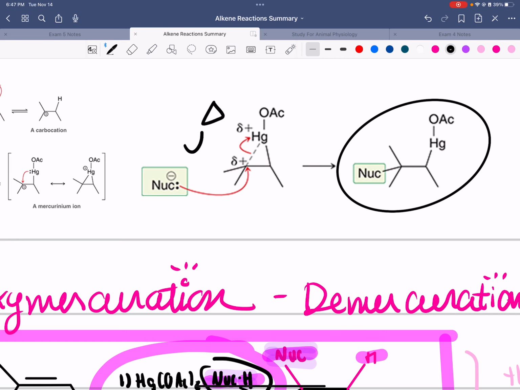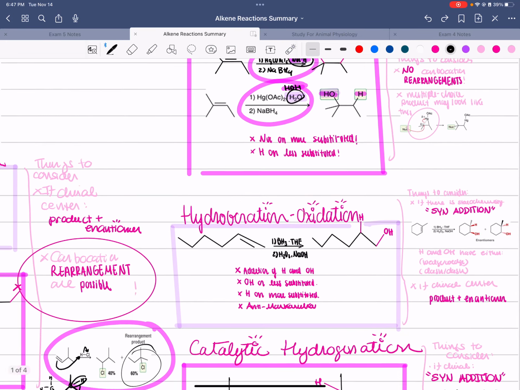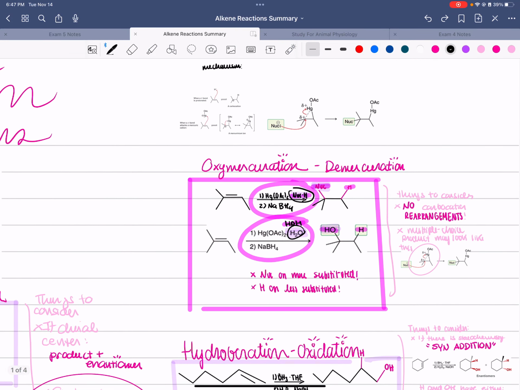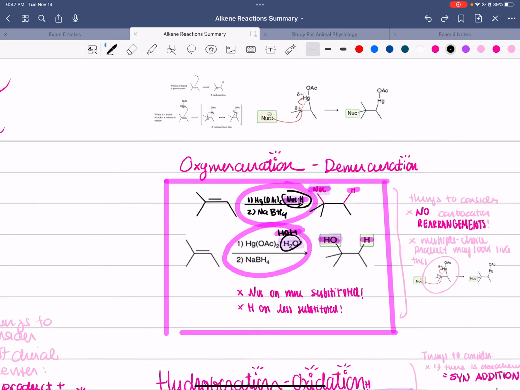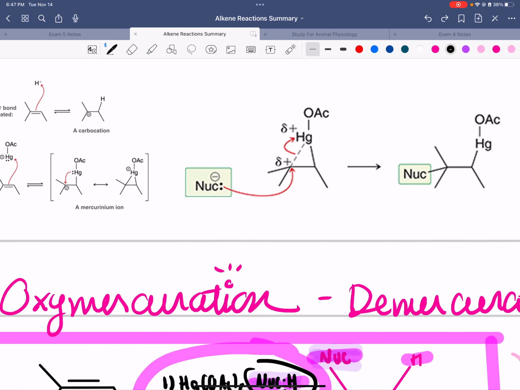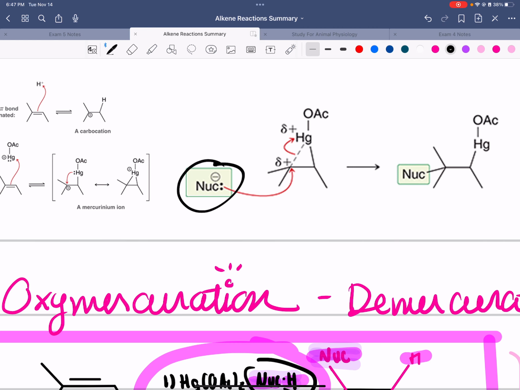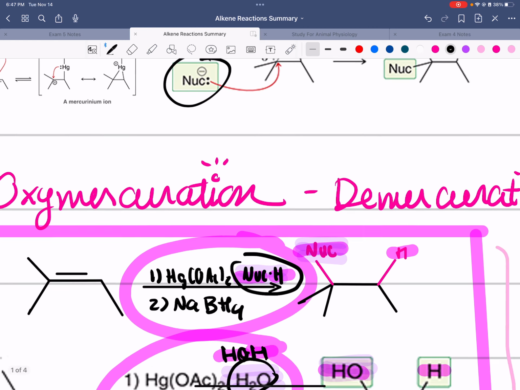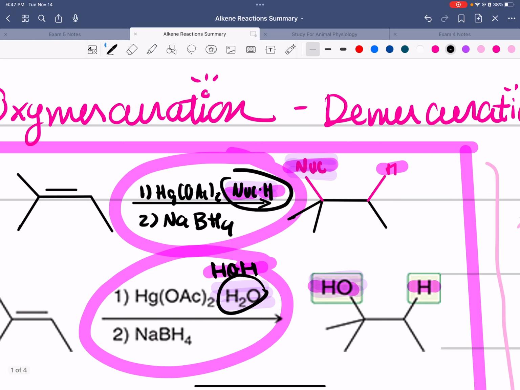And after your nucleophile attacks it, it opens up. But you're not really going to see that unless it's asked. Most of the time you're going to see it like this, and you'll be able to define which one is your nucleophile.